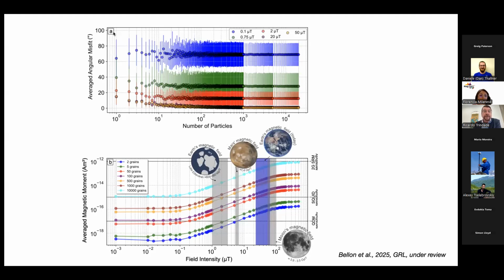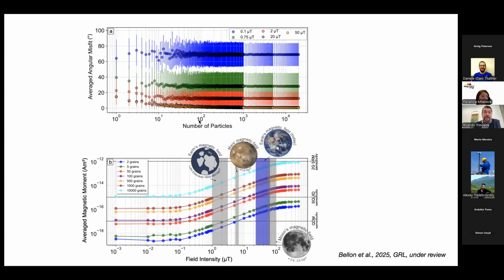Here at the upper panel we have the angular misfit versus the number of particles. What we see is that for magnetic fields in the range of the Earth's magnetic field, a small number of particles, in the hundreds, is already enough to provide a magnetic direction with angular misfit below 5 degrees.